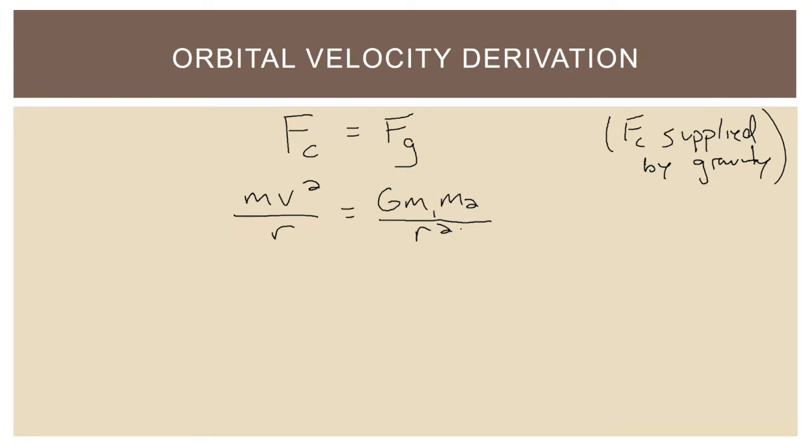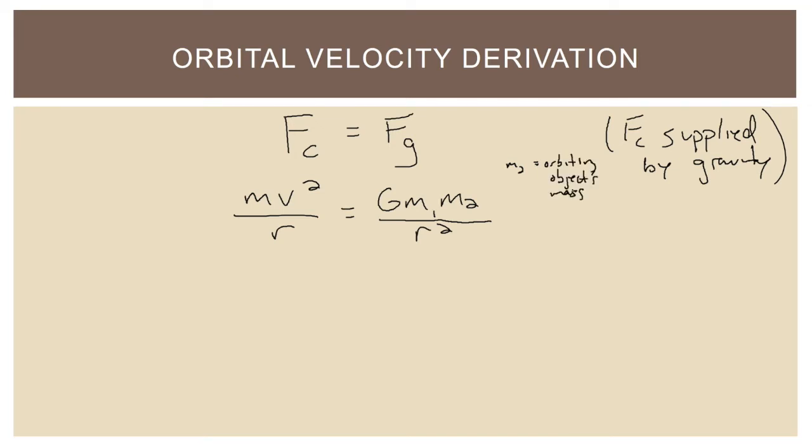Here it's really important to remember that in the gravity equation, let's take the example of a satellite orbiting the Earth, like I showed you in that last slide. In the gravity equation, one of these masses is the mass of the Earth, and one of these masses is the mass of the object. Let's say m2 is the orbiting object's mass.